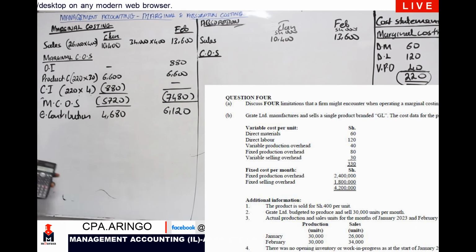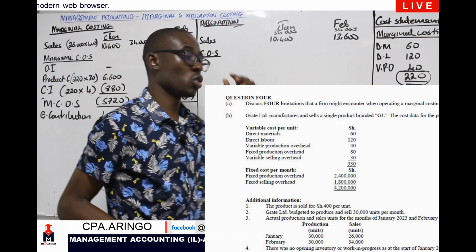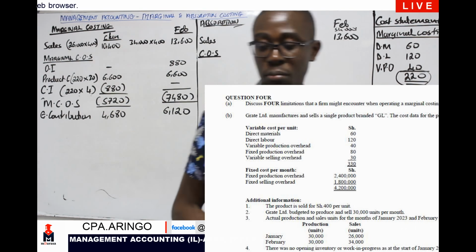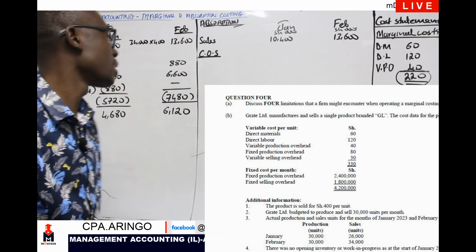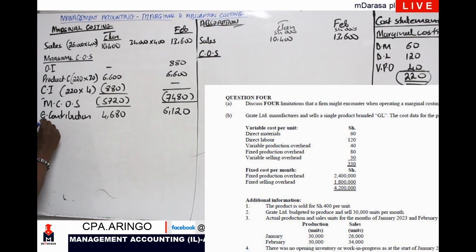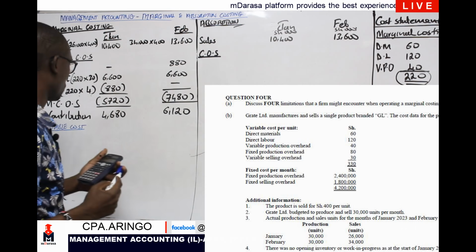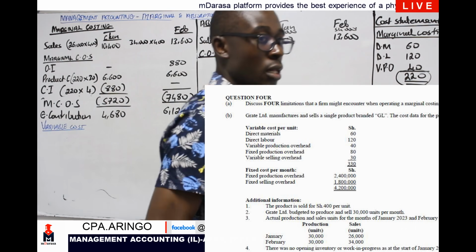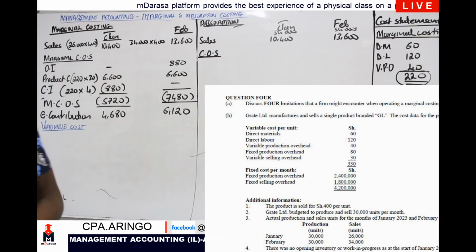After that, when I'm dealing with marginal costing, I should remember that I'm supposed to consider our variable costs, other variable costs that you're having. In this case, what variable cost did we have? I was given selling and distribution.